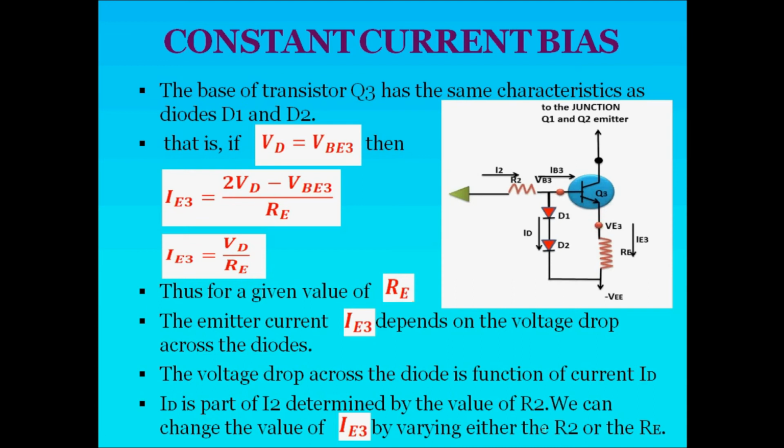I3 will depend on RE, we know it, but the diode drop is a function of diode current, and diode current is part of I2. I2 will be dependent on R2. So eventually we can say that I3 will depend on R2 and emitter resistor RE.